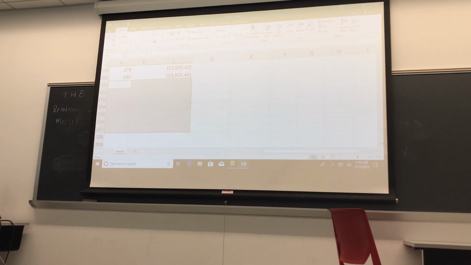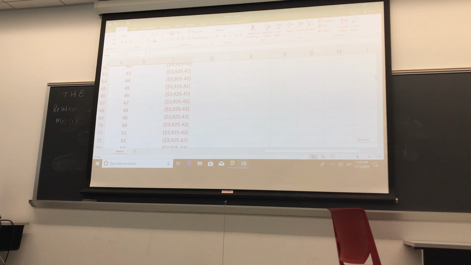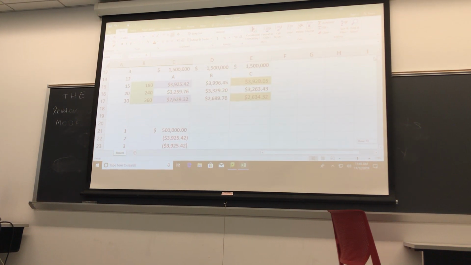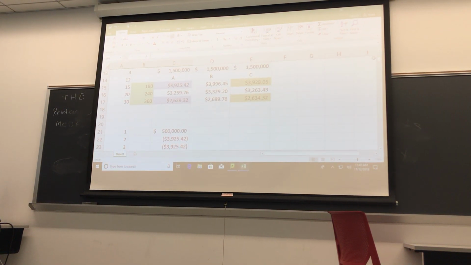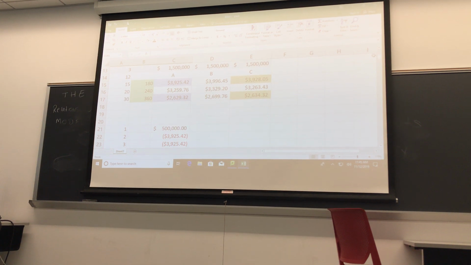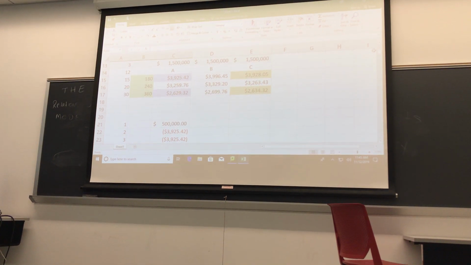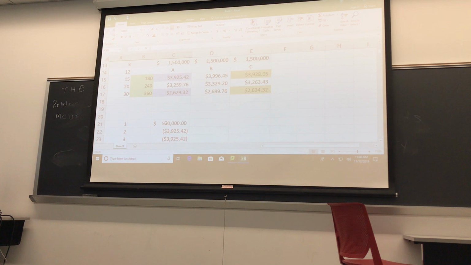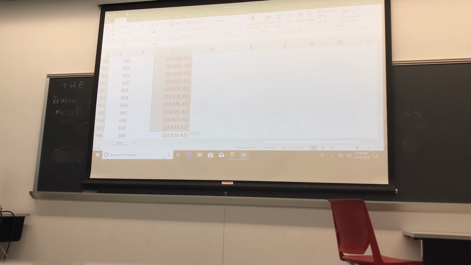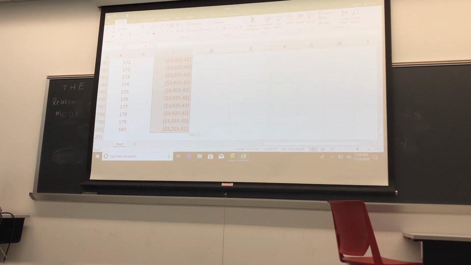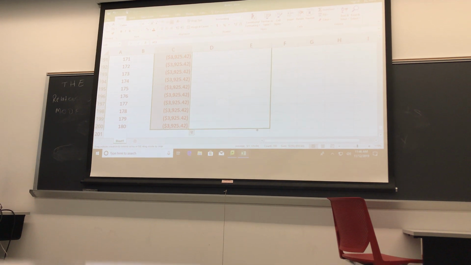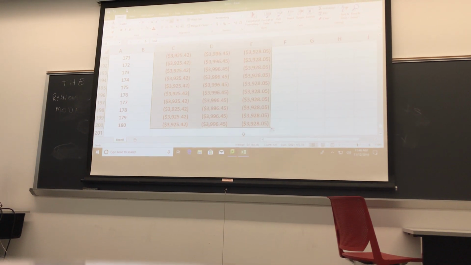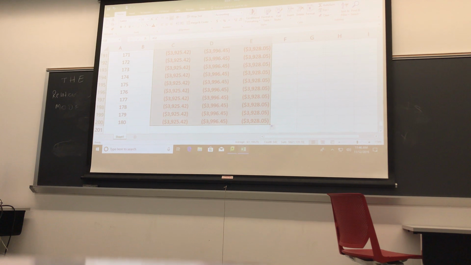This is what happens with my payments, right? If I want to do that for all the loans that I have, I take all that amount and I can calculate it for all. Is this correct or not?